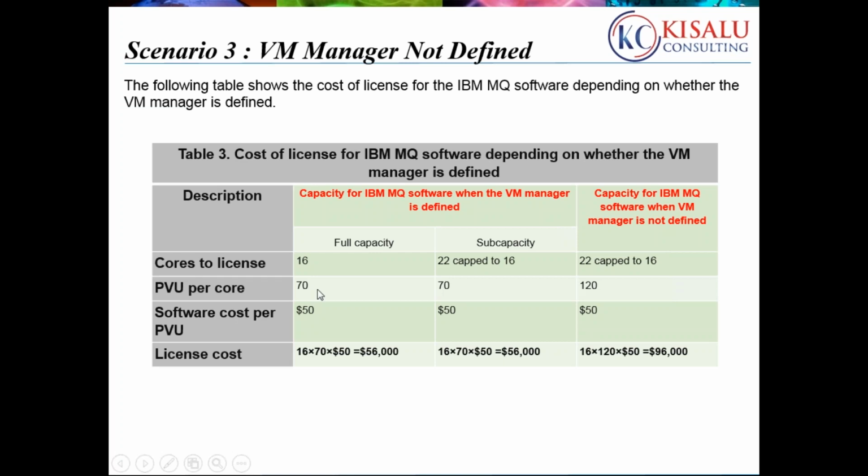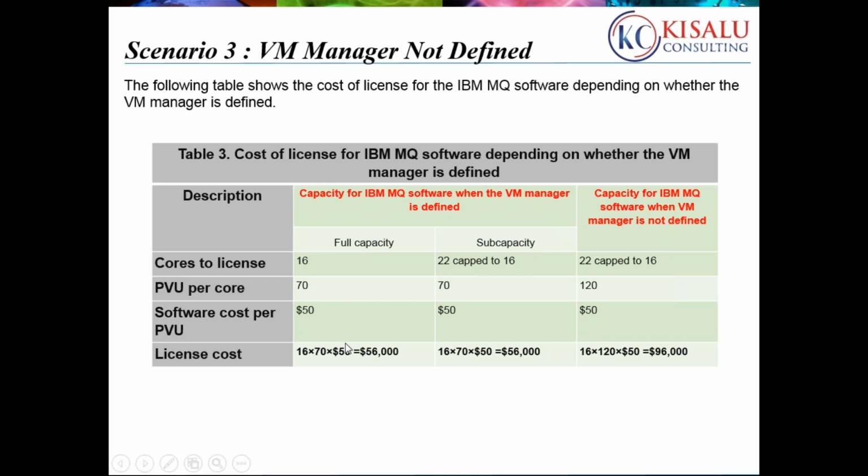If your machine has a total of 16 cores at full capacity and you have 22 cores in terms of virtualization technology, and the VM manager can demonstrate that, IBM will only charge you 16 cores in a sub-capacity scenario. They cannot go beyond that.